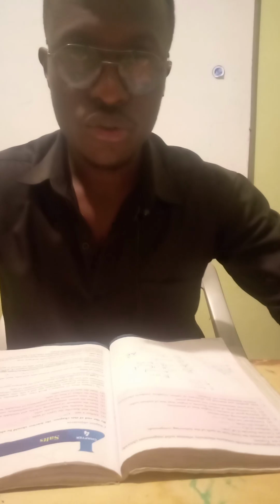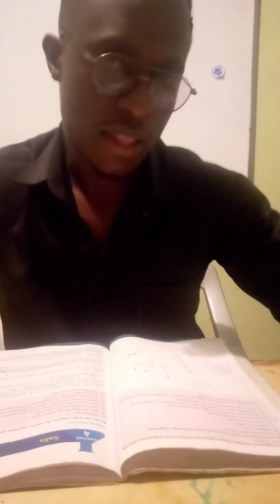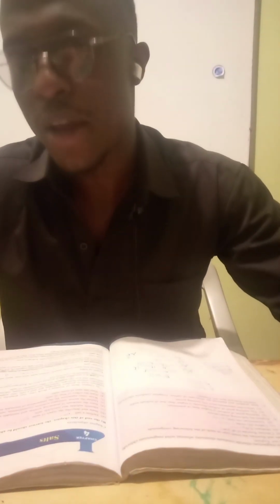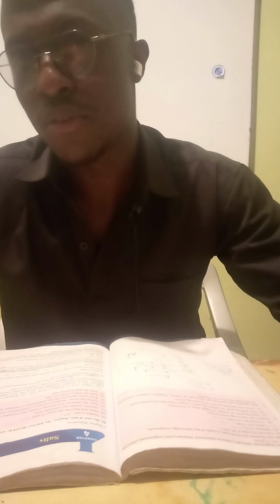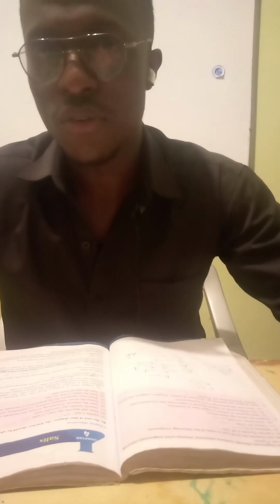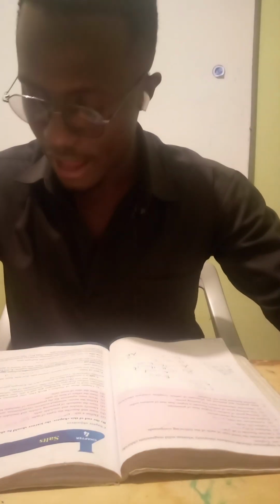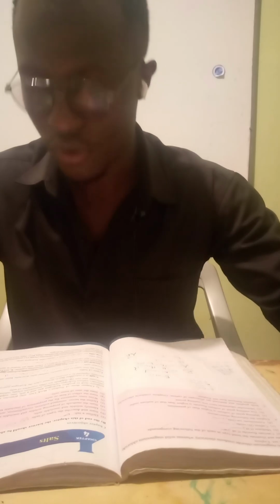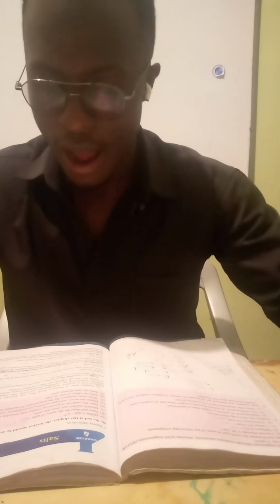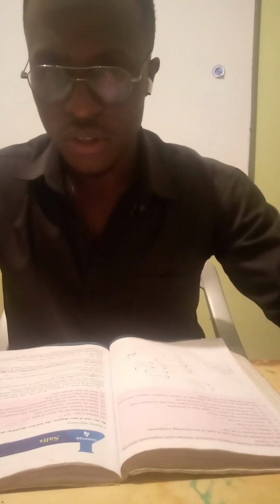So I want you to go back and master the basicity, and I defined basicity for you. I told you basicity is the ability of an acid to release hydrogen ions when ionized. So these salts have acidic properties due to the presence of the replaceable hydrogen ion. It's very simple for you to understand that.